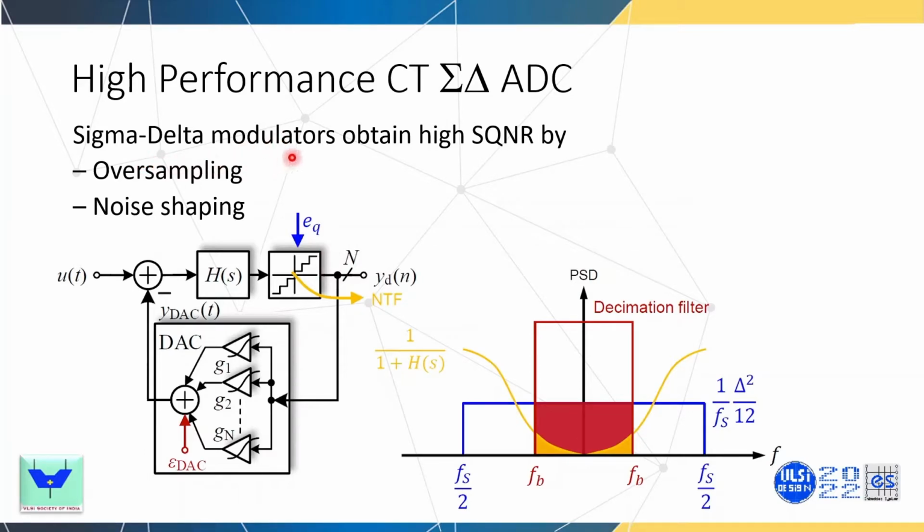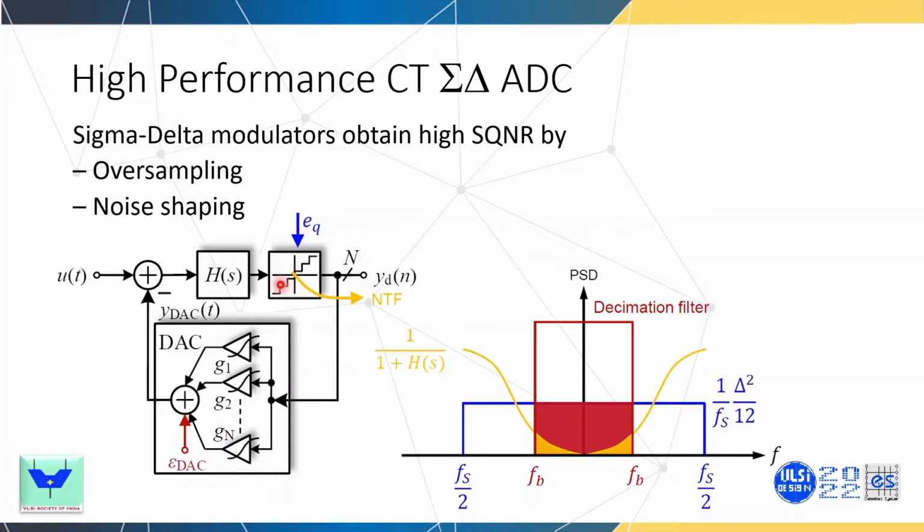Sigma delta modulation will obtain good signal to noise ratios by oversampling and subsequent noise shaping. As you can see here, it's going to shape all the quantization noise out of band, and this is basically done by the loop. Here is the model of the quantizer, with quantization error being injected into the quantizer.